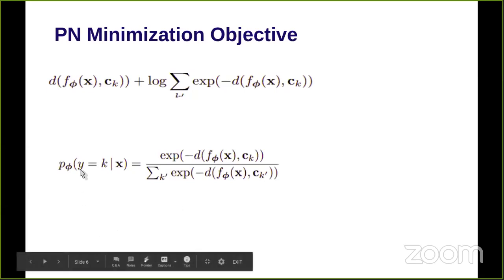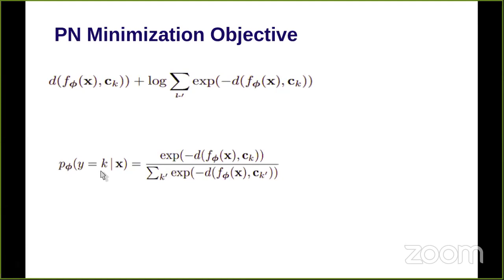Here y equal to k is the class that we are going to assign, and X is our image. So we are giving an image and assigning it a class. I am just breaking it down. Here we are calculating the distance between the centroid c_k and that image, and we are summing over all of them.